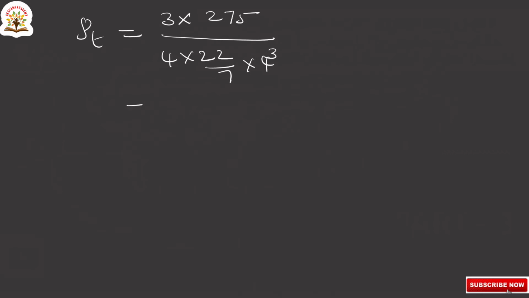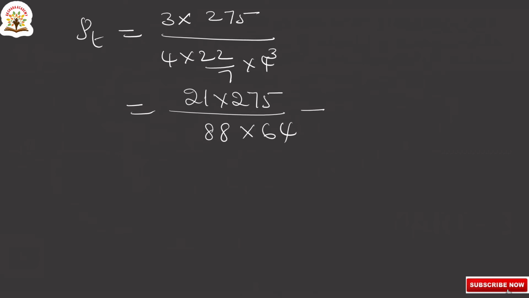So this implies, here 7 going, 7 3 is 21, 21 into 275 by 4 into 22 is 88, into 4 cube 64.